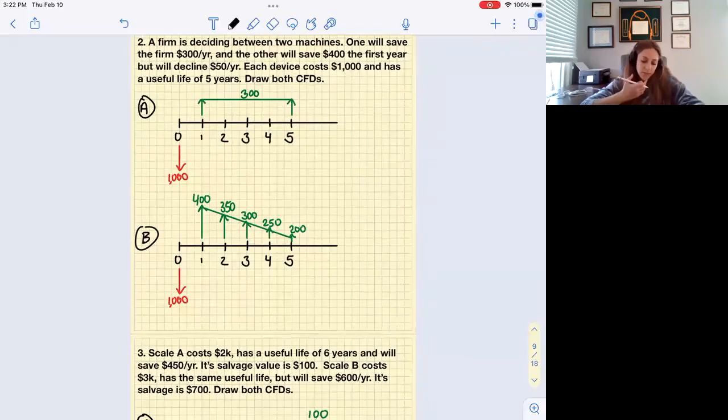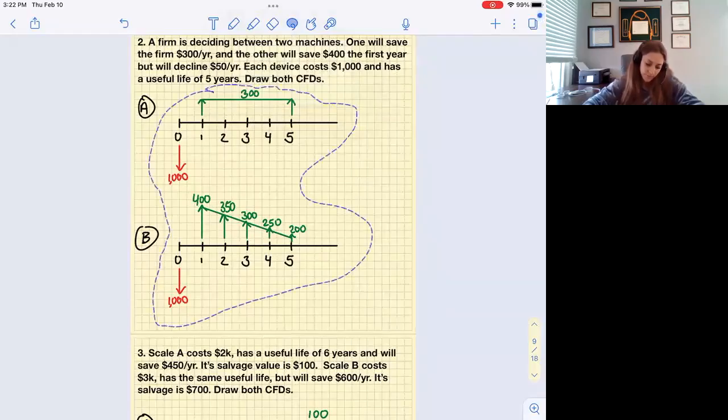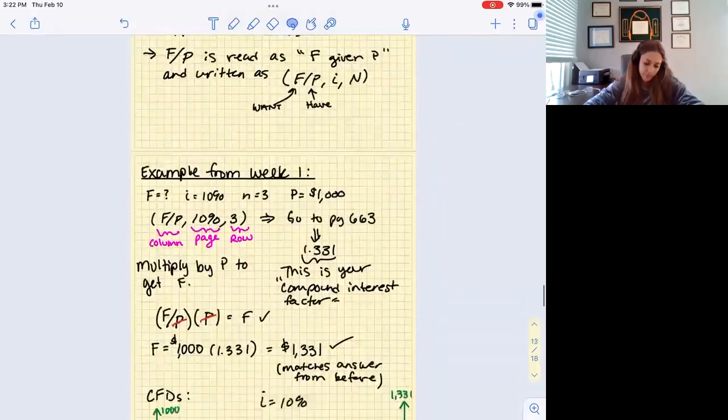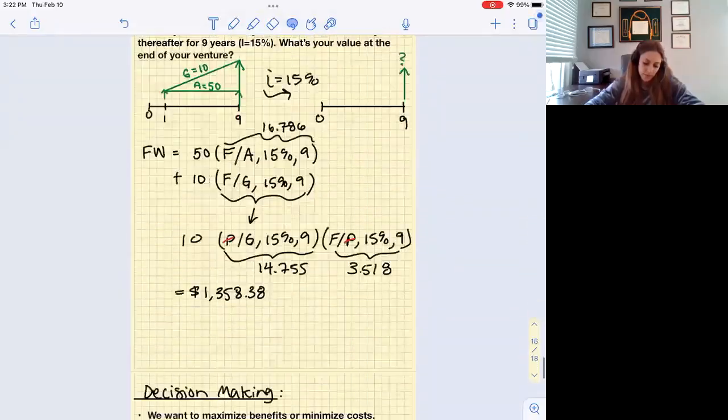So the firm was deciding between 2 machines. One will save $300 a year. The other will save $400 the first year, but will decline $50 per year. Each device costs $1,000, has a useful life of 5 years. And the assignment last week was just to draw the cash flow diagram. And this week, we are going to take our cash flow diagrams that we already drew. We'll reference them. And we will do some calculations.